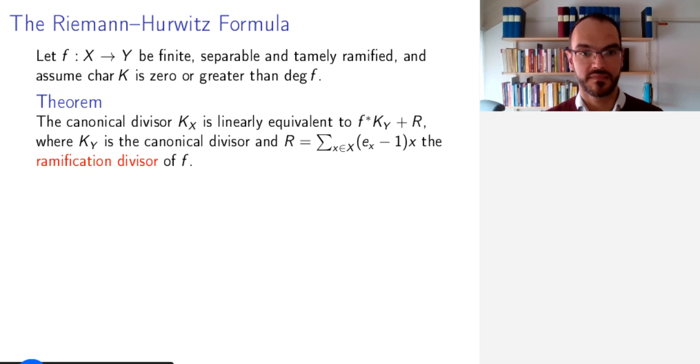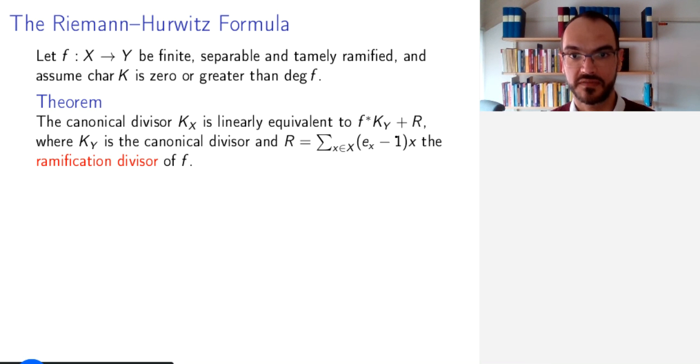So the theorem is that the canonical divisor of x is linearly equivalent to the pullback of the canonical divisor of y plus R, where R is the so-called ramification divisor of f. So it is a divisor in x formed by this formal sum, where at each point I take x with multiplicity e_x minus 1.